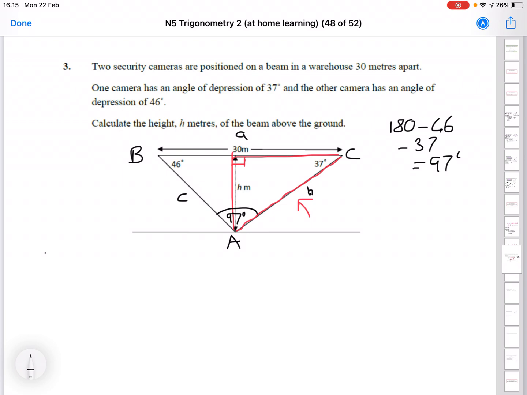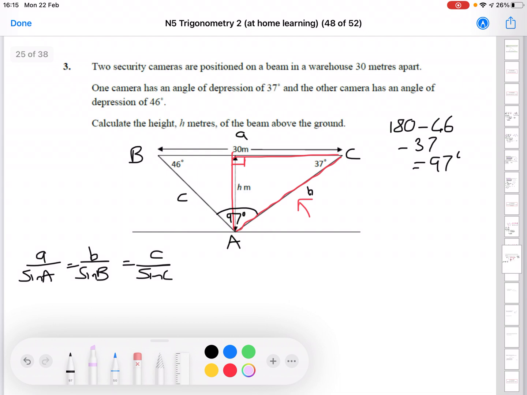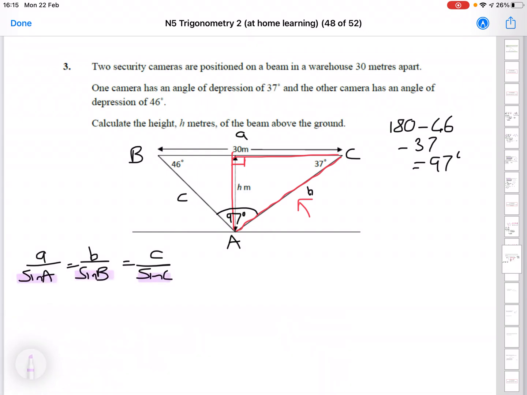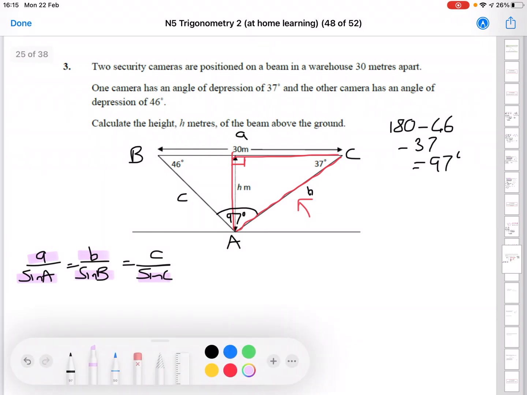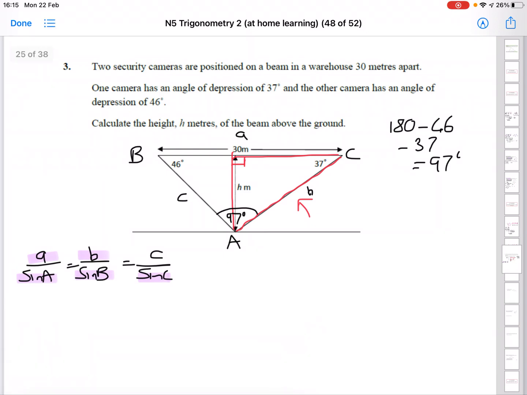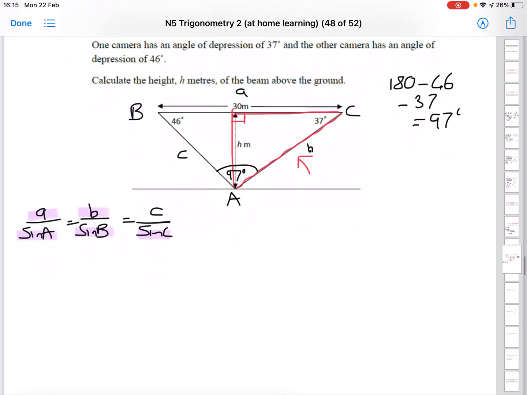So we have a over sine A equals b over sine B equals c over sine C. In the triangle, we have all the angles. We have side a and we're trying to find side b. So I do have what I need to do the sine rule. So let's go ahead and fill in our values now.